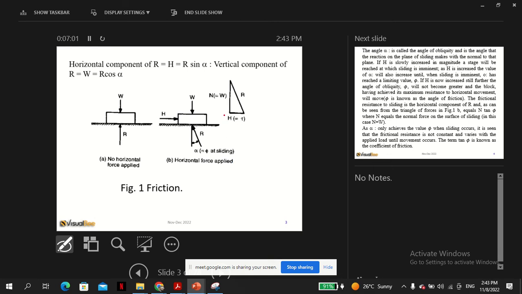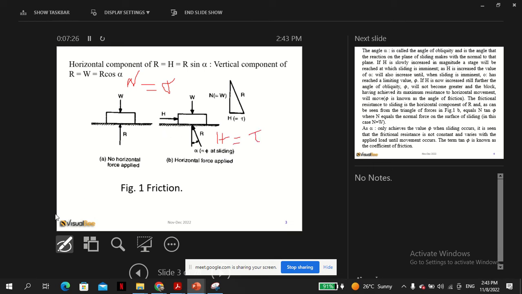So this horizontal force is what is called shear, and of course the normal force is N. So because you already know this, N is just usually sigma, and H is tau.